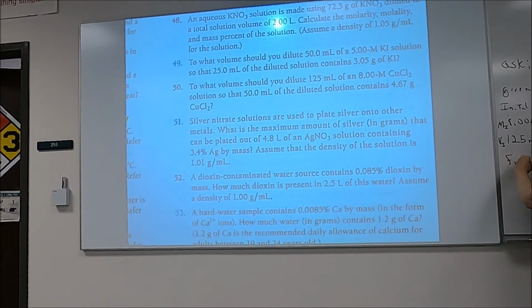For our final solution, we are given that we want to have 4.67 grams of copper 2 chloride in a volume of 50 milliliters.